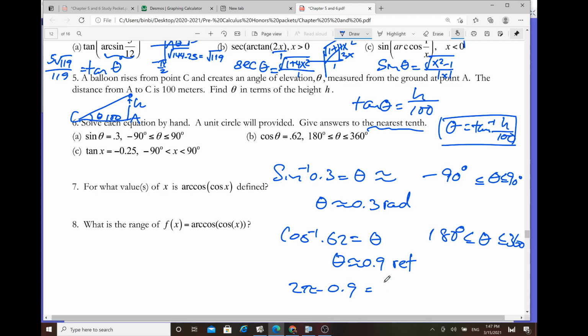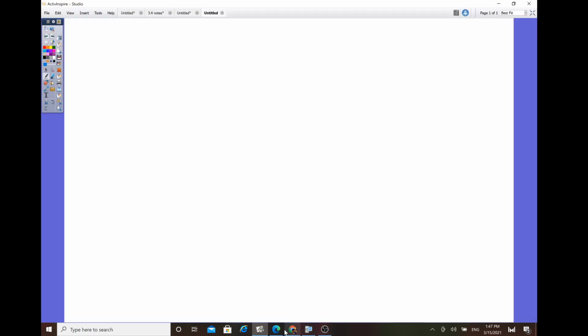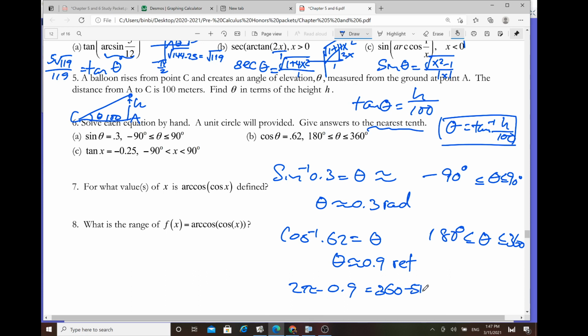Or this one can be done by 360 degrees minus 51.7. So subtract, so we do have 308.3 degrees.